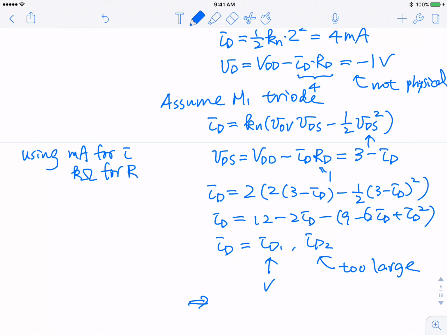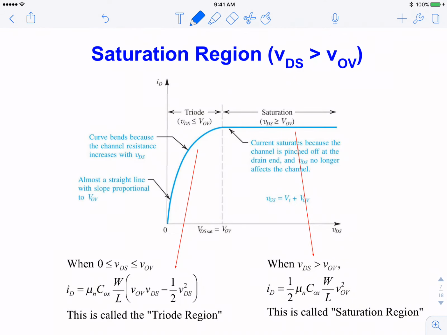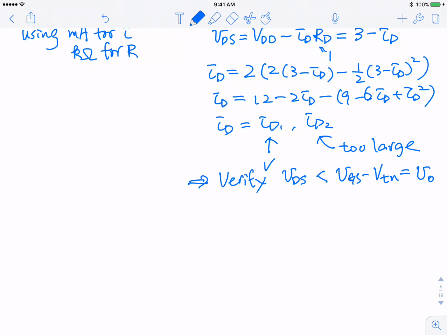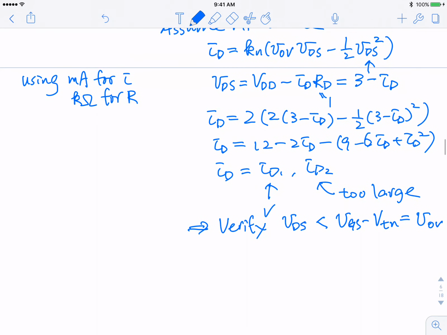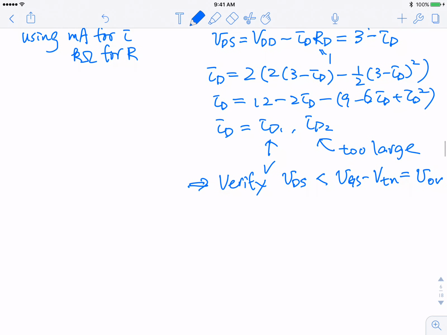But you still need to go back and verify that indeed VDS in this case is smaller than VGS minus VTN, or V overdrive. So you need to verify that. Okay, so that's the general solution process.